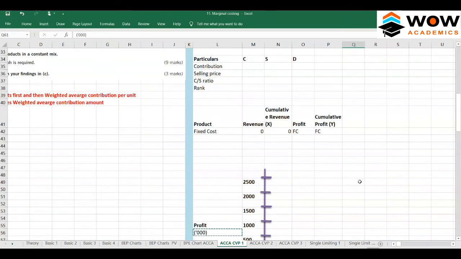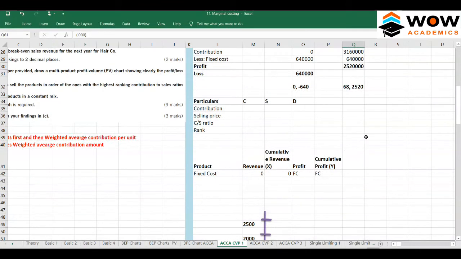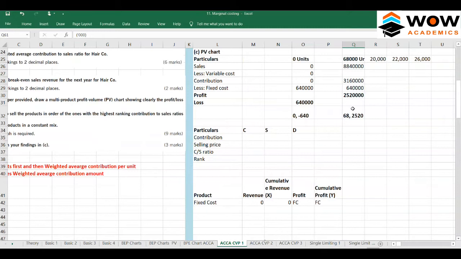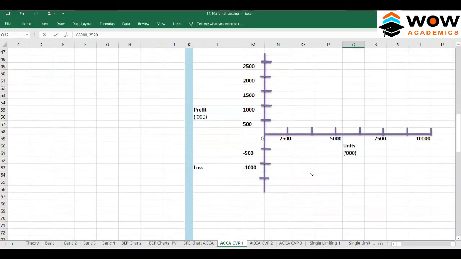So units is 68, or you can just have like 68,000. That won't be a problem. See, it's only for your convenience, so we can show it like that. So 68,000 is the maximum units.